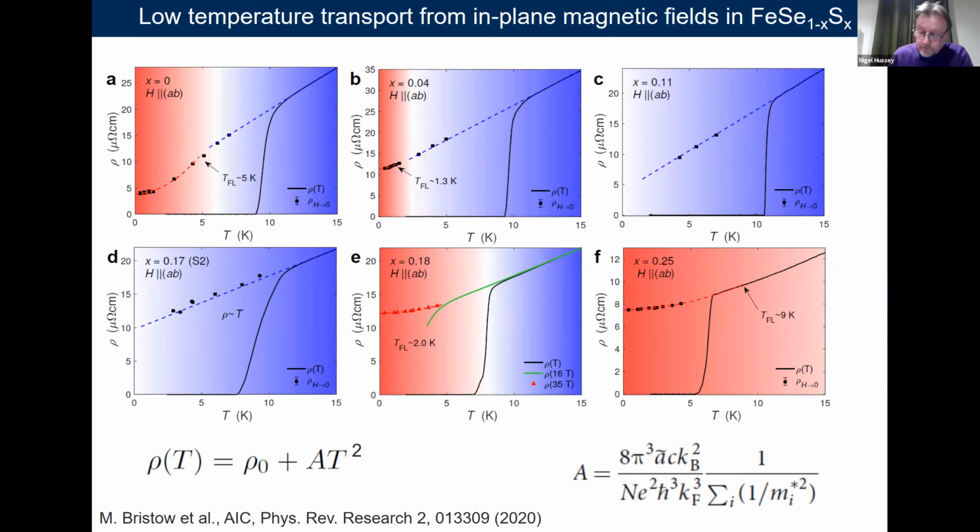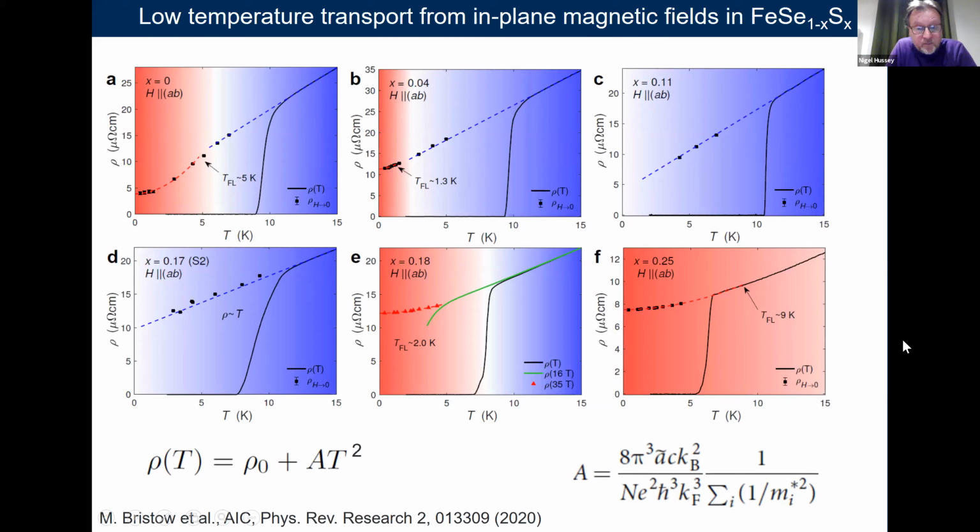Okay, Nigel. No, I think the data agree pretty well. From this plot, at 25% we see T squared below around 10, 12 Kelvin. Amalia sees it below 9 Kelvin with a very similar coefficient. Around 18%, we see T squared below around 5 Kelvin.